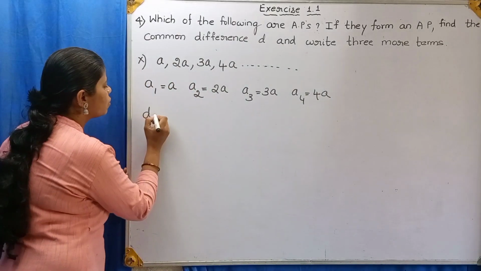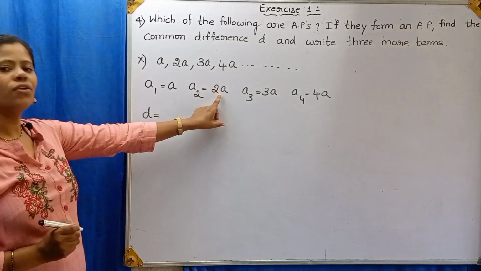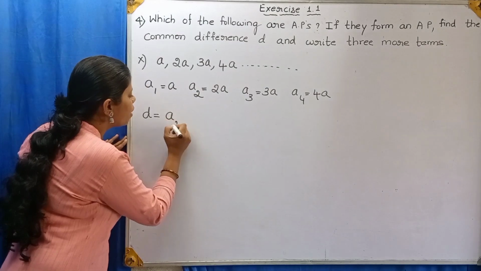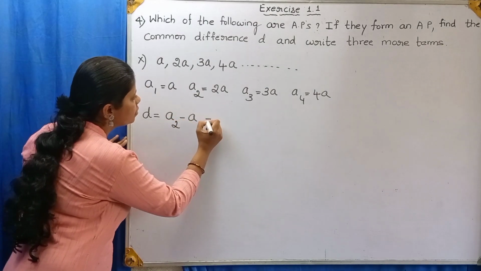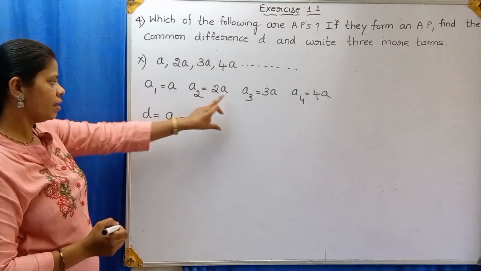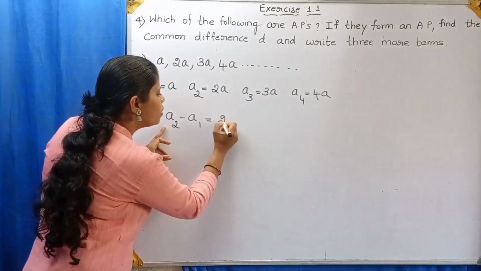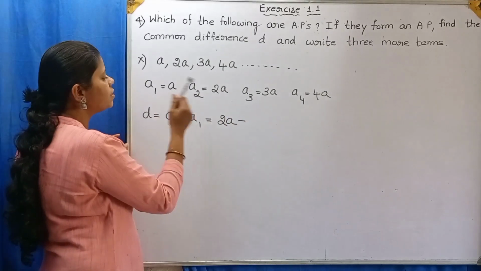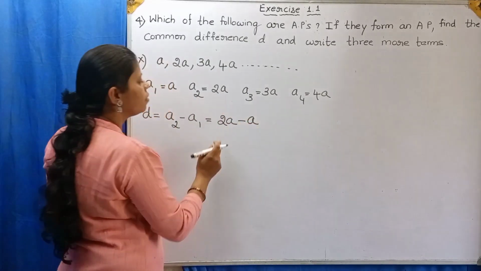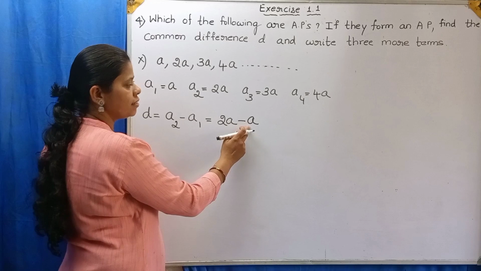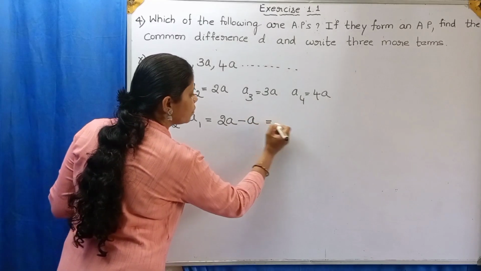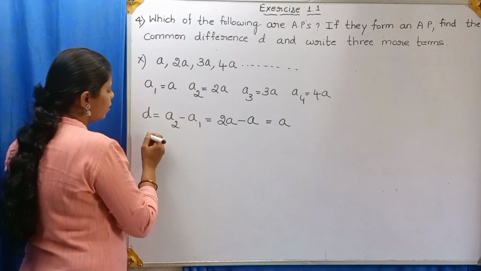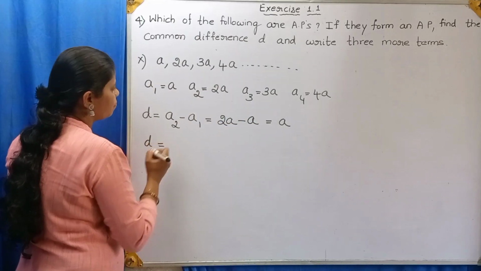Now, D is equal to. First, let us find out the difference between these two. That is A2 minus A1. See here, A2 is 2A, right? So, I will write 2A minus A1 is A. Plus 2A minus A is what? A, right? 2A minus A is A. Then, D is equal to.